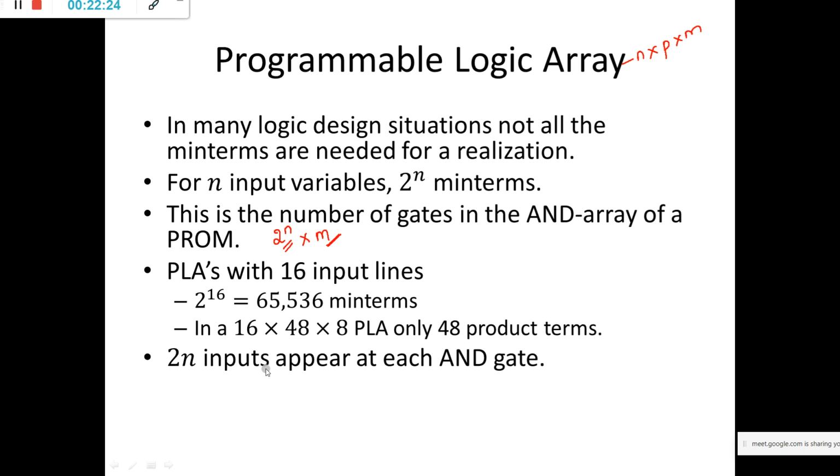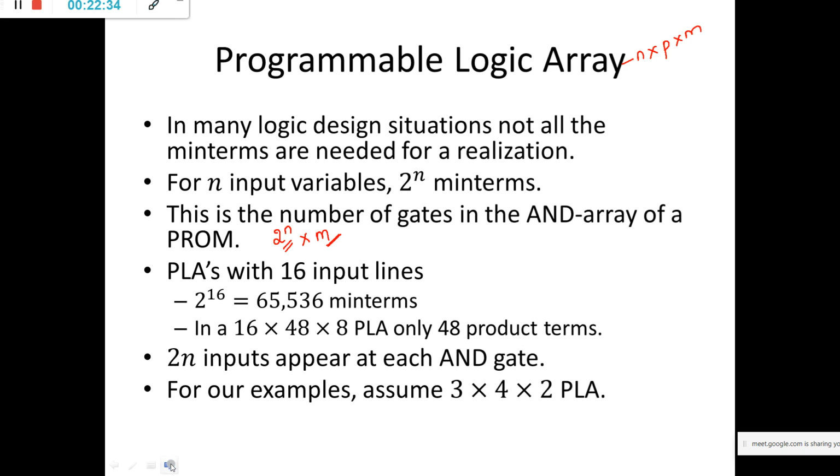2n inputs appear at each AND gate, which will be seen in the coming slides. For our example, assume 3 cross 4 cross 2. Students, here I would like to tell, in the market 3 cross 4 cross 2 PLAs are available.